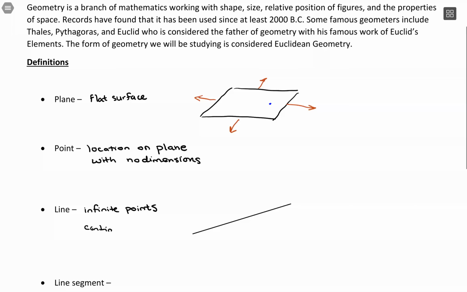So right now it's just a line segment, and at the end of this line we would want to draw some arrows on it to show that it continues forever and ever. But this idea of it being made up of infinite points is really what's putting this line together. On a much smaller scale, each of these points follows this pattern here, and they all line up. So when you have all of these points there, it appears to be a line.